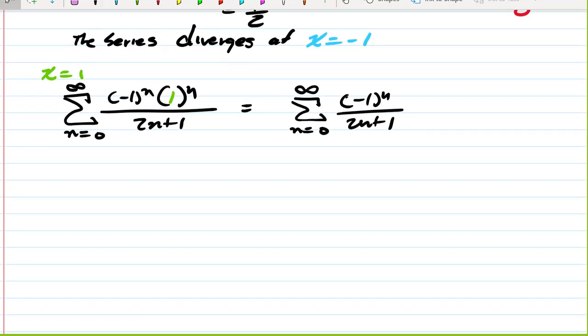And that's going to be an alternating series. So our a_n is -1 to the n over 2n plus 1, which is going to alternate and decrease.